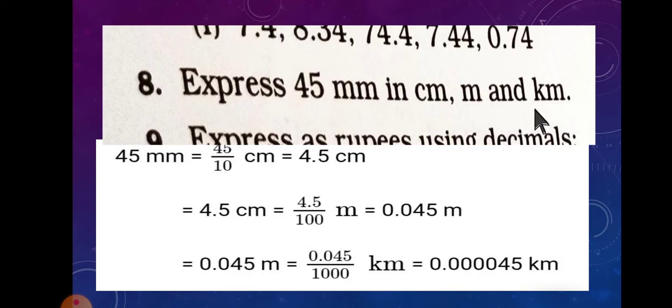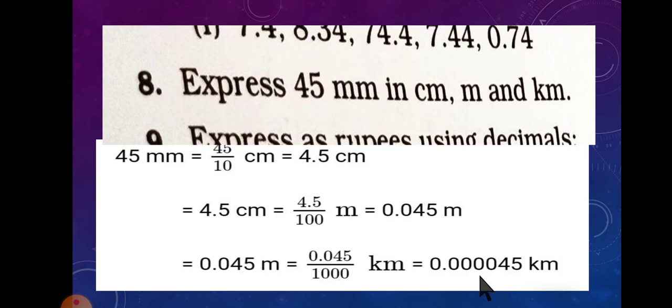Then let's see kilometer. What is the relation between millimeter and kilometer? 1 millimeter is equal to 1 upon 1000 kilometer. In 1 upon 1000 there are three 0s in the denominator, so we will insert 10 here because we need 3 digits. So we insert 10 and we count, there are already 3 digits, then 3 digits and this 3 more. It means we need 6 digits, then insert the decimal.